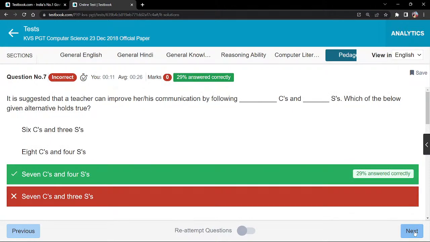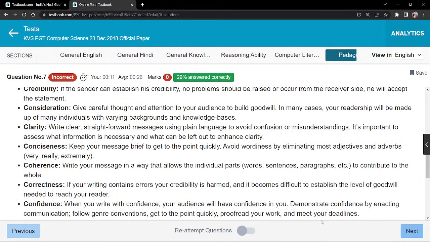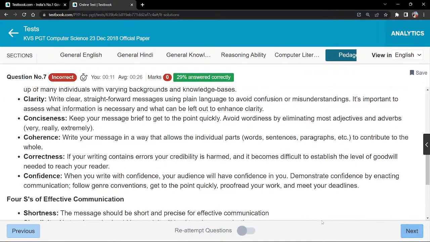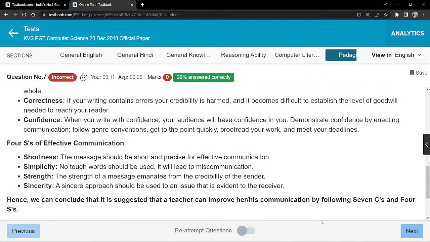7C and 4S. So 7C is credibility, consideration, clarity, concise, coherence, correctness, confidence. And 4S is shortness, simplicity, strength, sincerity.